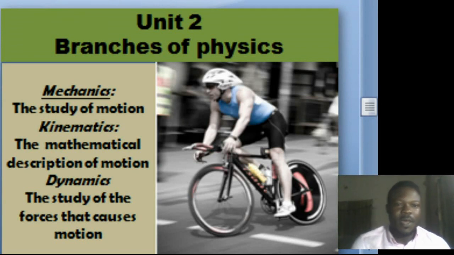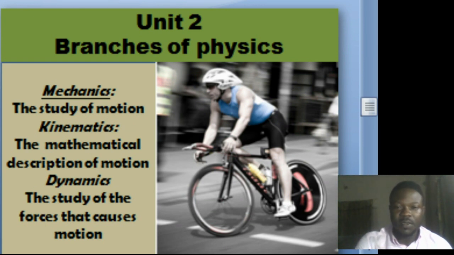Now we say mechanics. Mention mechanics anytime you are dealing with motion, either motion alone, that is a mathematical description of motion, or the study of what causes the motion itself. That is called mechanics. Mechanics can be divided into two: kinematics and dynamics.